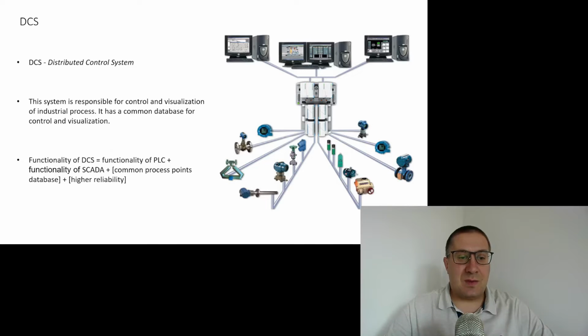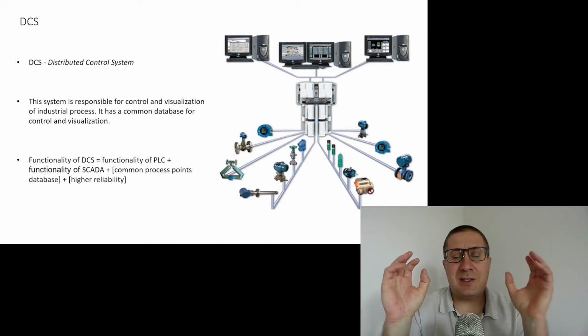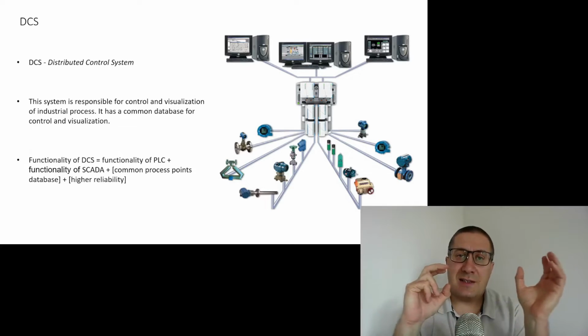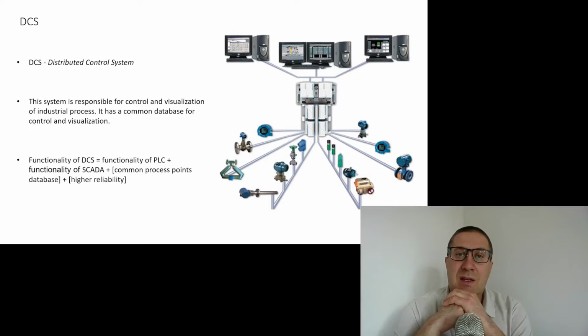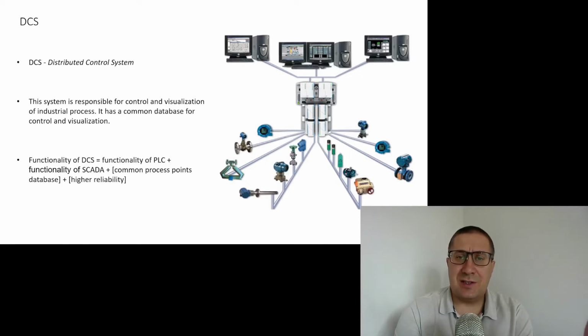So the functionality of a DCS is very similar to the functionality of a PLC and a SCADA system. But of course it has this common process point database, and it has a high reliability. It's a very robust system.